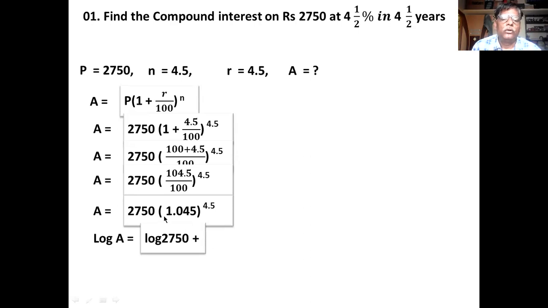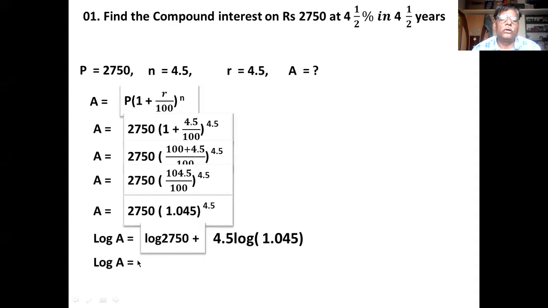Therefore, you give the plus sign and write the value. The power value will be multiplied with the log of the base. So 4.5 log 1.045. In this way, you have to write.